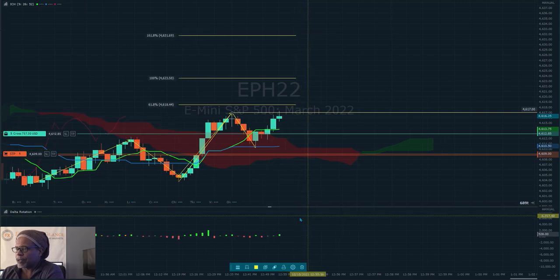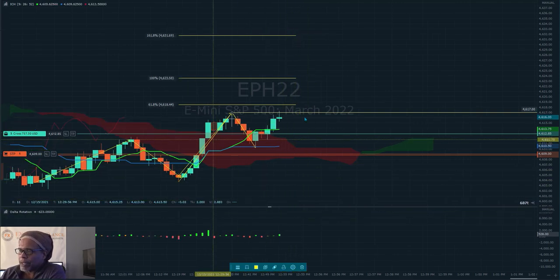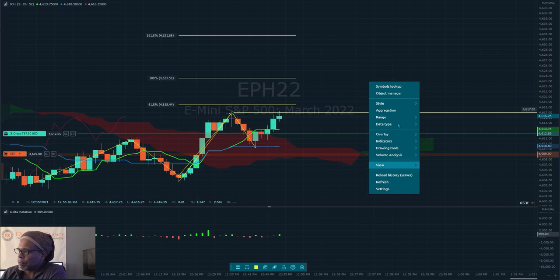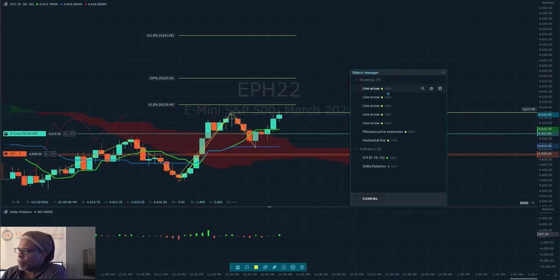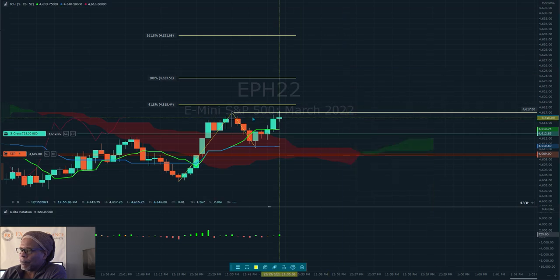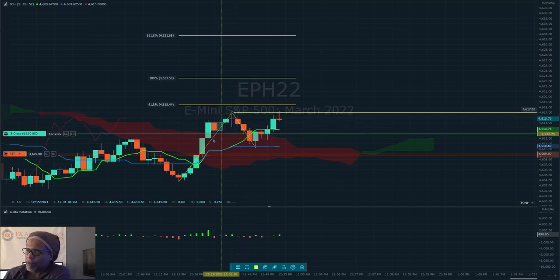Need to get through that 2 level, and it doesn't appear that we're getting through that level. Get rid of the line arrows. See, that's the issue. That's why I tell people you don't want to take the trade at the 2 level.